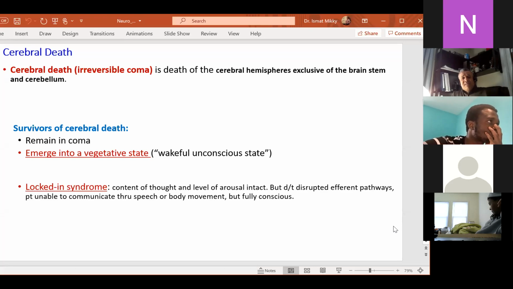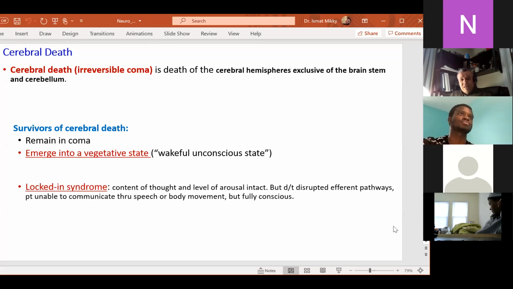But the cerebral function is lost. The eyes would open spontaneously, not in response to stimuli.